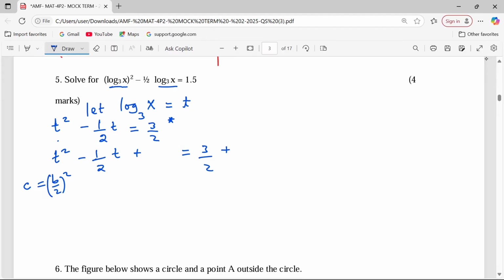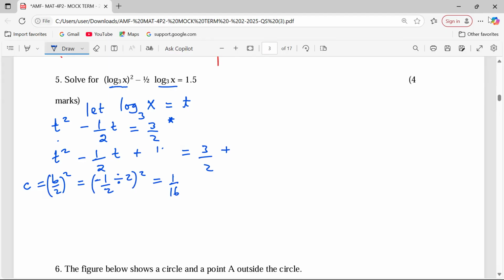Therefore, negative half is our b. When we divide this by 2, then we square, what are we getting? 1 over 4 squared is 1 over 16.